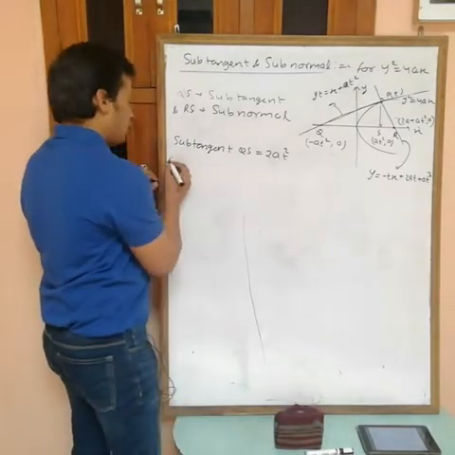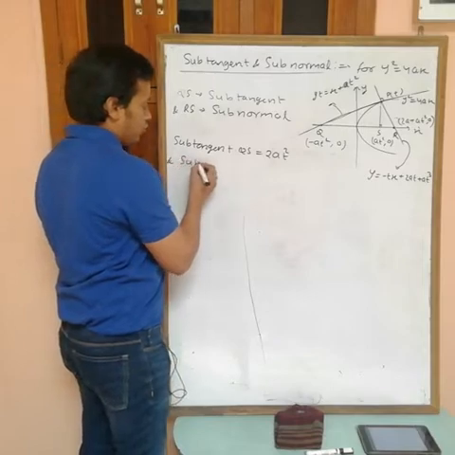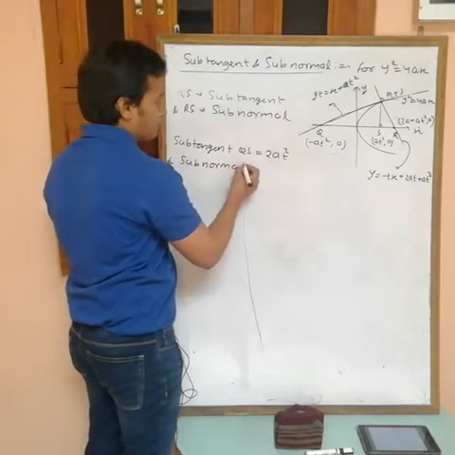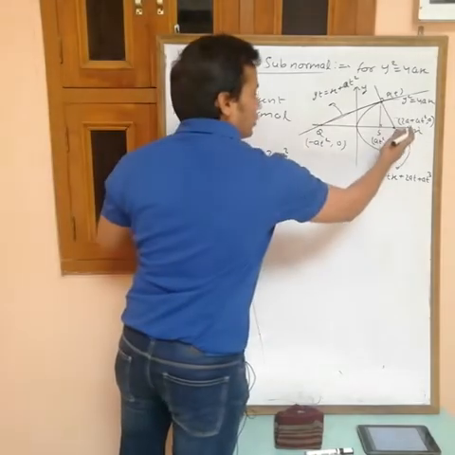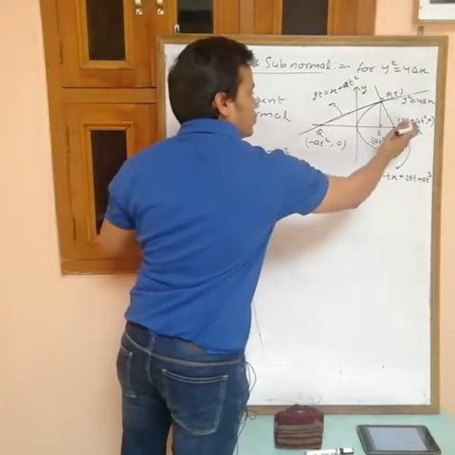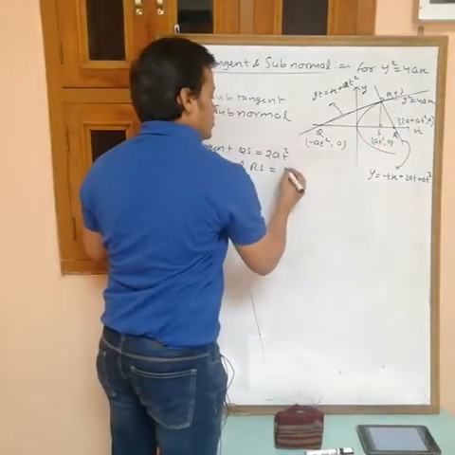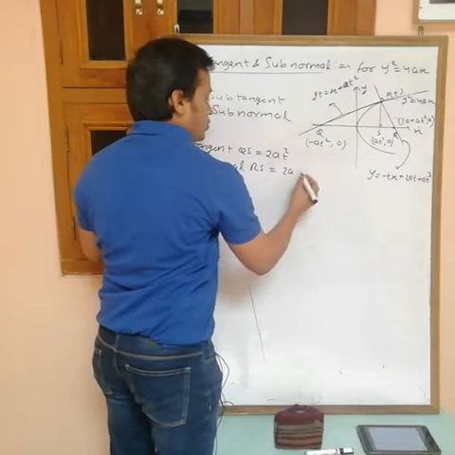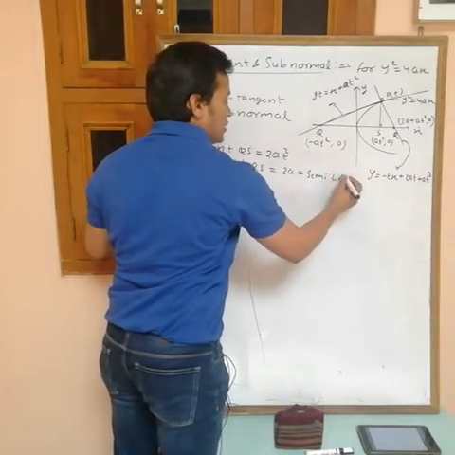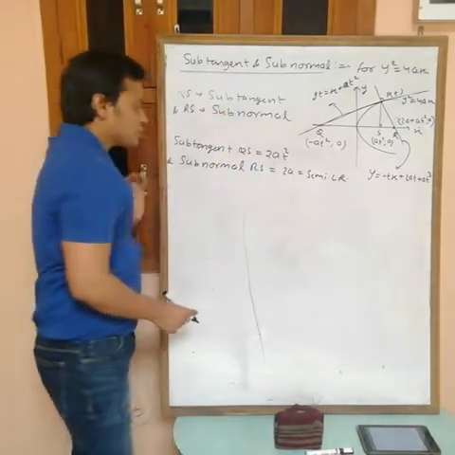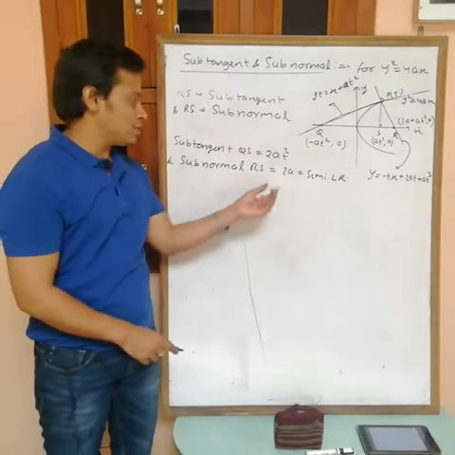And subnormal RS. Now subnormal is this x minus this x, 2a plus at square minus at square is 2a, and 2a is the semi latus rectum. It means subnormal is constant, it doesn't depend on t.